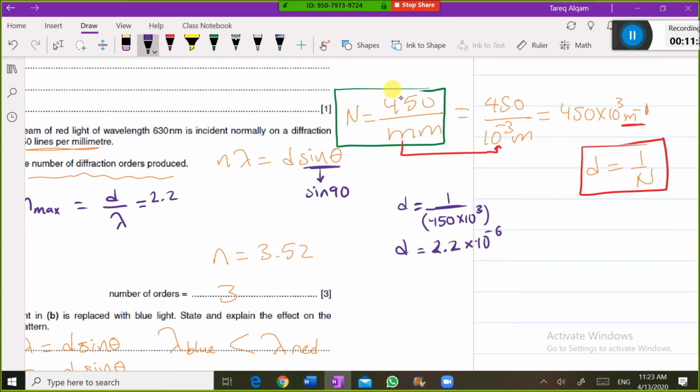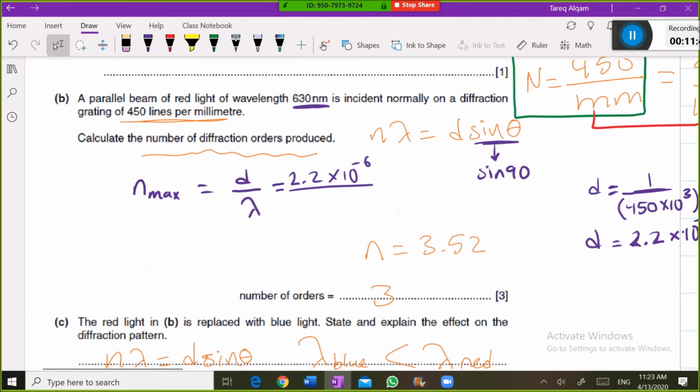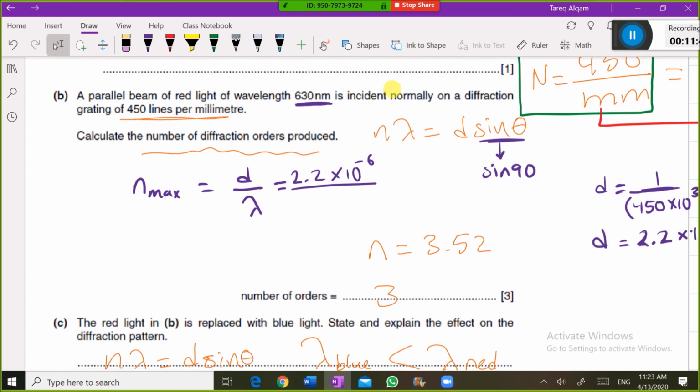So 2.2 times 10 to the power negative 6 over the wavelength, which is given here. Look at the wavelength, guys. The wavelength here is 630 nanometers, nano 10 to the power -9. I got N max 3.52. Always I have to round down. So the answer is 3.